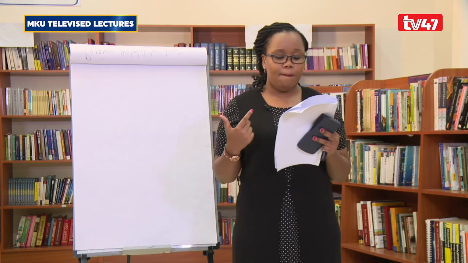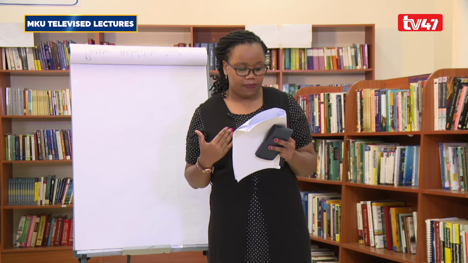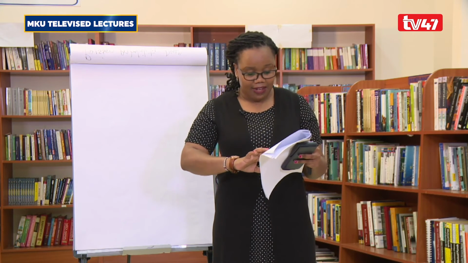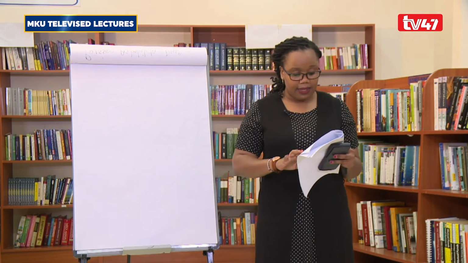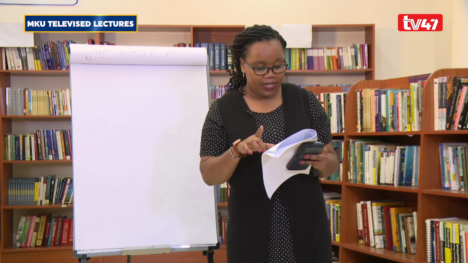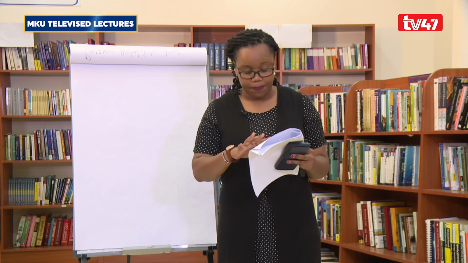Find the probabilities of having the following possible outcomes. The first outcome, that only one is defective. The second outcome, that at most 2 are defective. And the third one, more than 3 are defective.